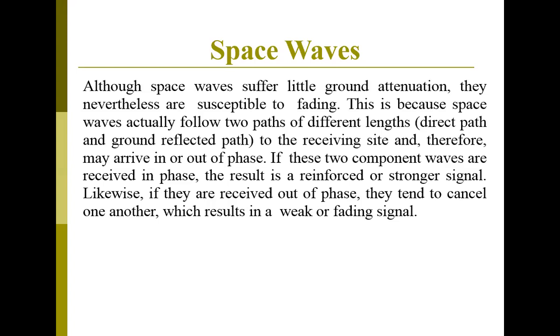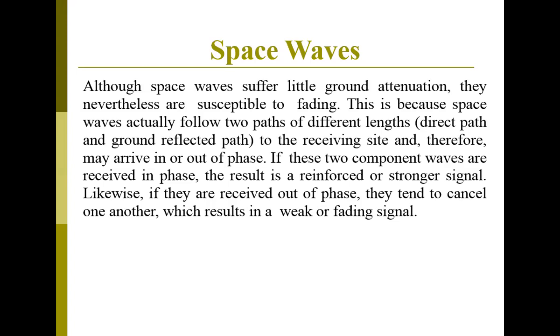There may be a direct path or a ground reflected path. The signal will reach the receiver from the transmitter either directly or by getting reflected from the Earth's surface.